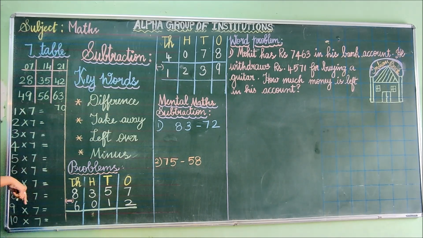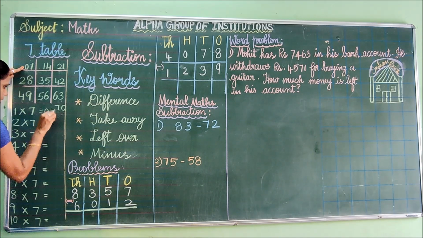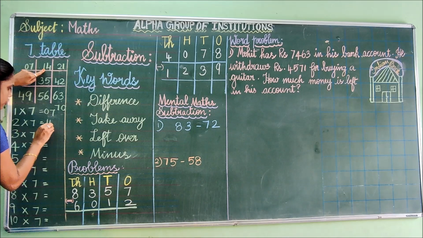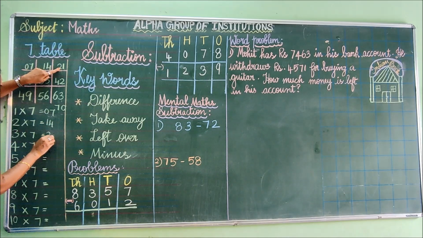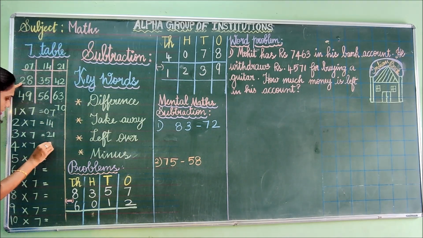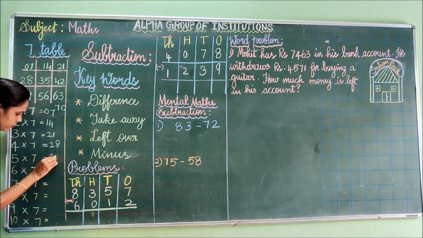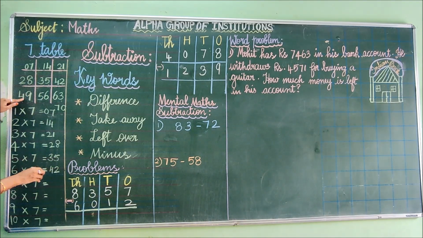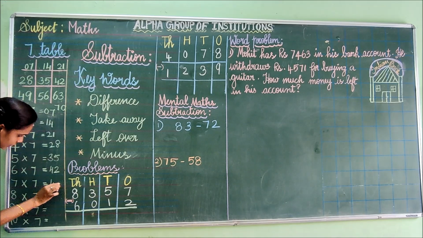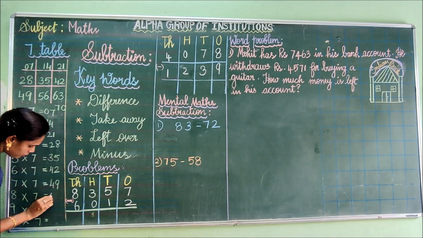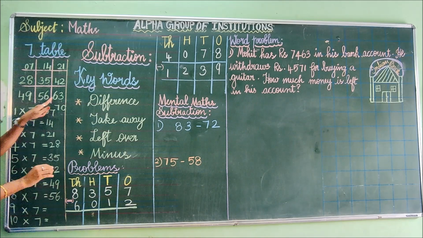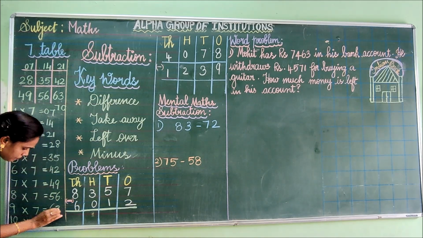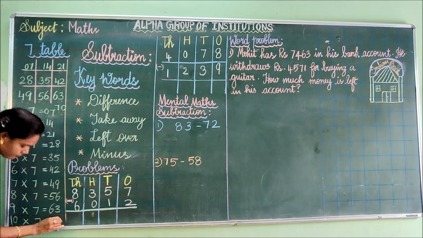Shall we write this one in tables? Yes. So we have to start from here. 1 7 is 7. 2 sevens are 14. 3 sevens are 21. 4 sevens are 28. 5 sevens are 35. 6 sevens are 42. 7 sevens are 49. 8 sevens are 56. 9 sevens are 63. 10 sevens are 70.